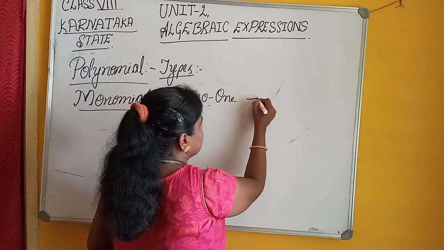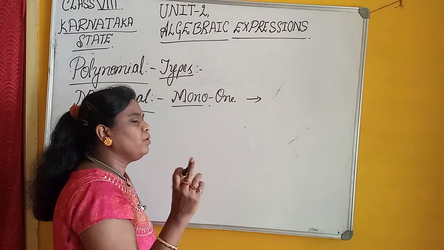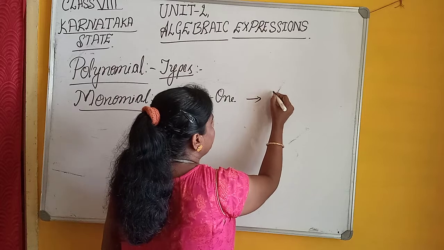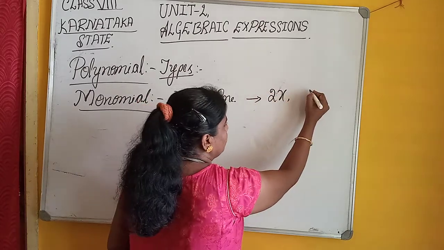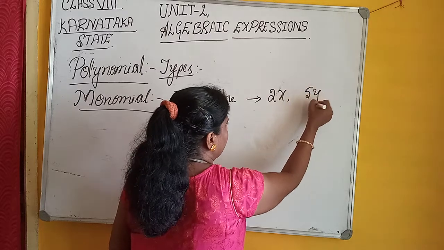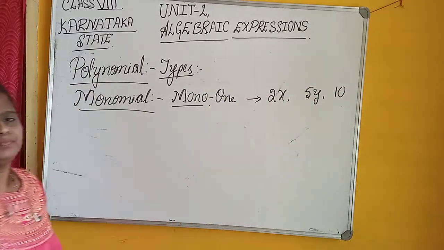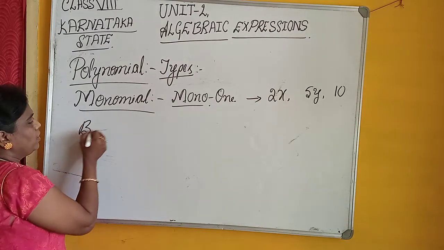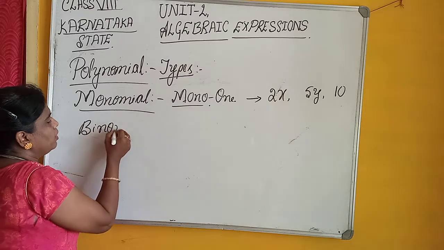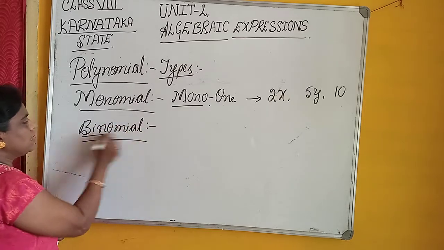Let us give some examples of an algebraic expression which has only one term. It may be 2x, only one term, or 5y, or any constant is also a monomial. Understood? And next one is binomial. Here also its name says bi.